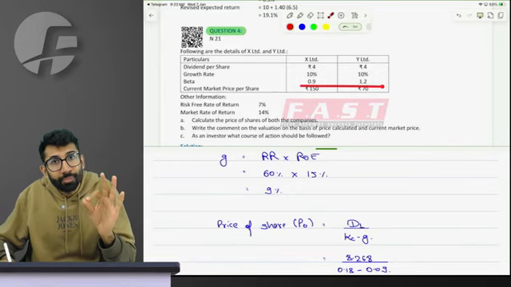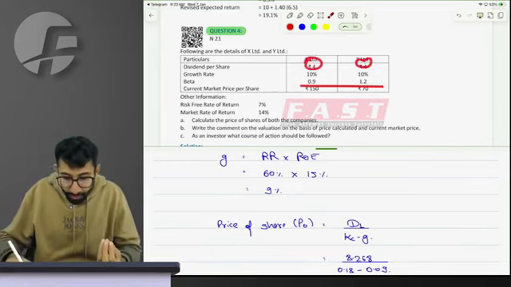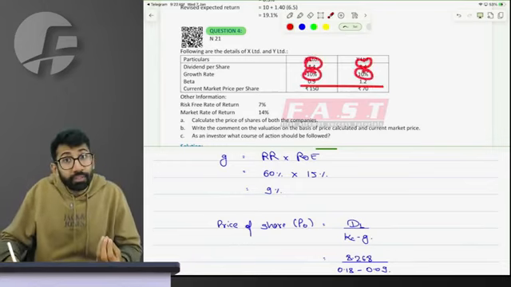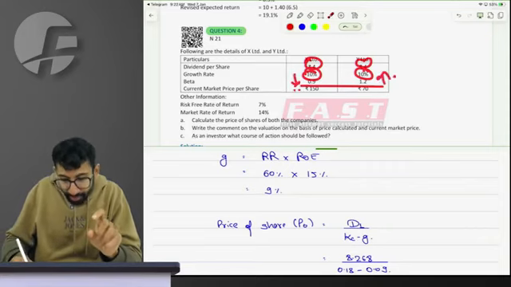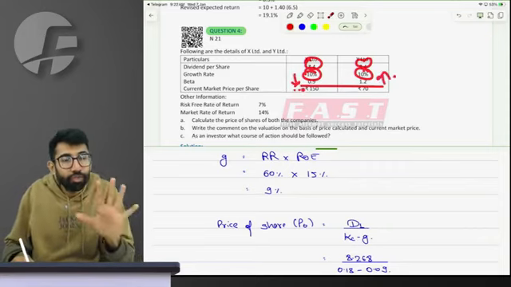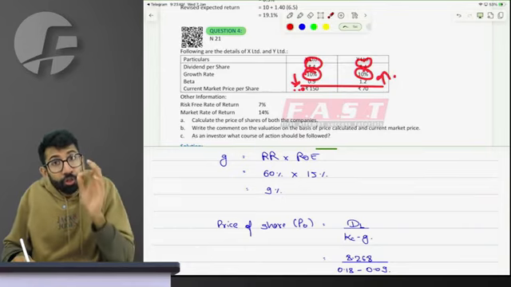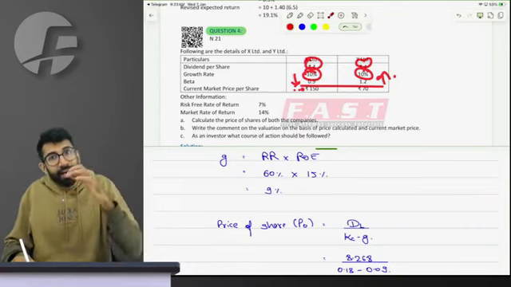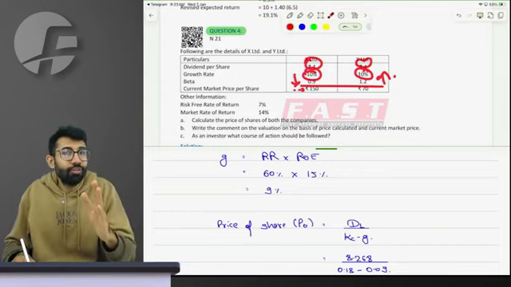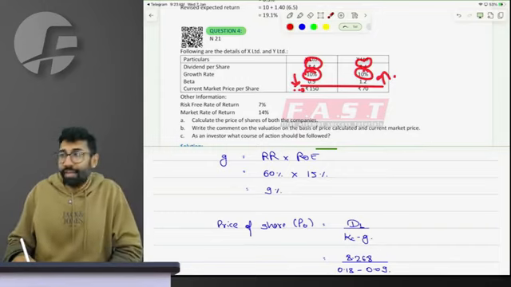Dividends are same. Growth is same. K are different. One has a higher K, one has a lower K. My question to you is, which of the two companies will have a lower intrinsic value? Try to apply your brains.